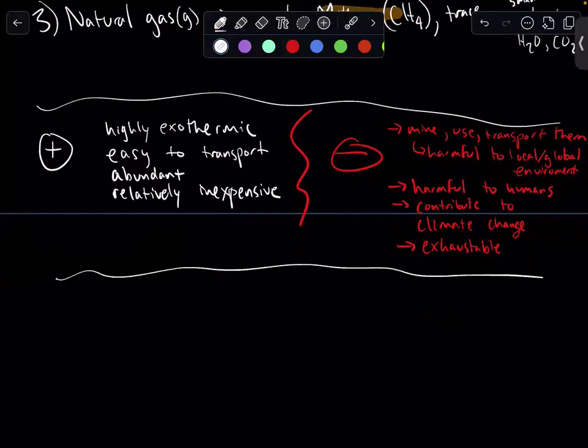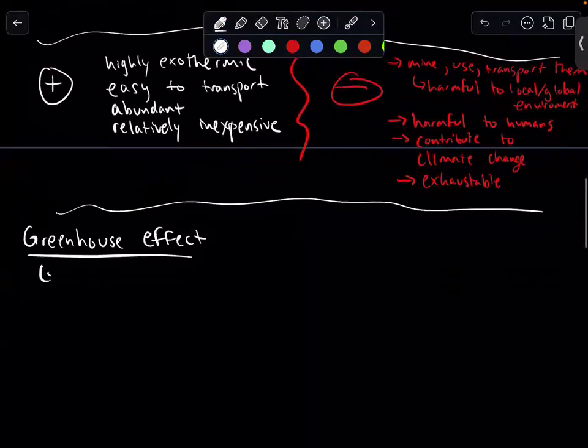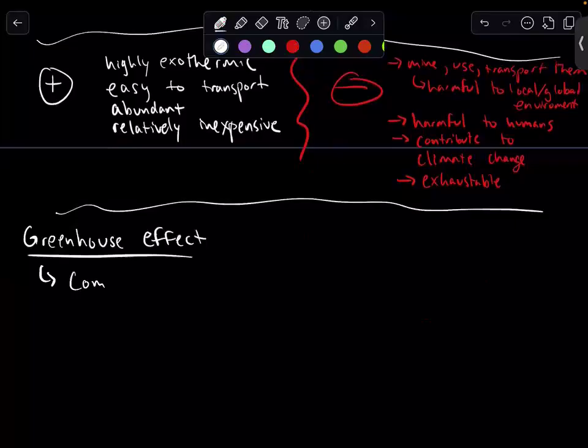All right. So I said they're harmful to the environment. What that means is they're harmful in terms of the greenhouse effect. So what is the greenhouse effect? Well, first off, we have to learn about where it comes from. When we combust fossil fuels, whether complete combustion or incomplete, we get carbon oxides.